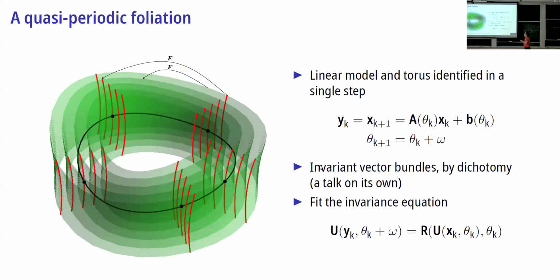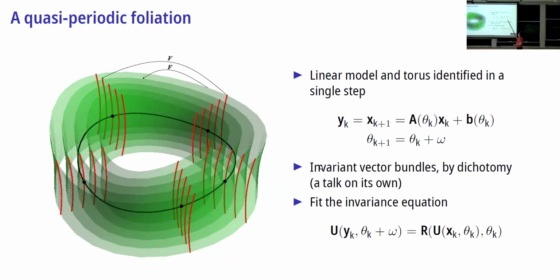Right. So how does it look in the quasi-periodic case? I've told you a number of steps, but in fact, a number of them can be compressed together, so it doesn't actually have to be that tedious. What you do for linear model identification is you try to fit a model like this to your data, and that will give you the invariant torus, because that is just a stationary solution of this forced equation, right?